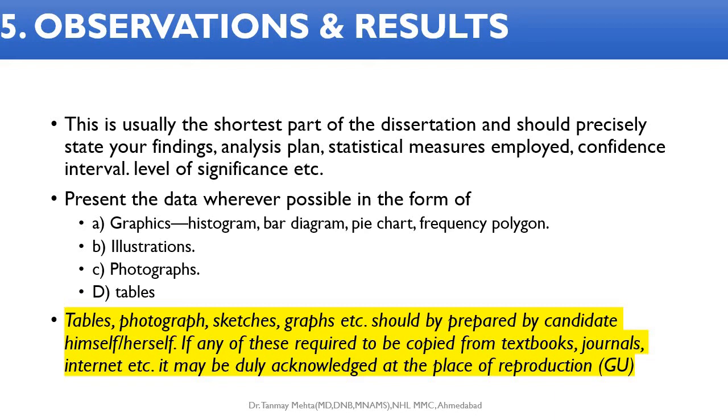So now, because you have made your master chart, you have made your documentation, and now you have your result tables, you can show your observations, important findings in the form of tables, photographs, graphs, charts, and all these are prepared by you. You cannot copy paste from textbooks or journals or the internet, and if you are doing so, you have to acknowledge it.